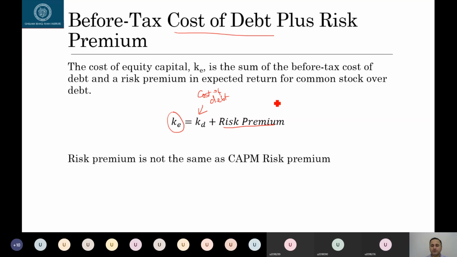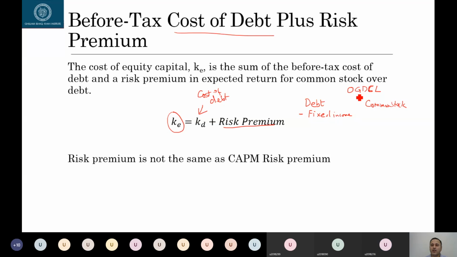I'll give you an example. Suppose we are talking about OGDCL. If I'm talking about debt and there is common stock. Debt has fixed income.